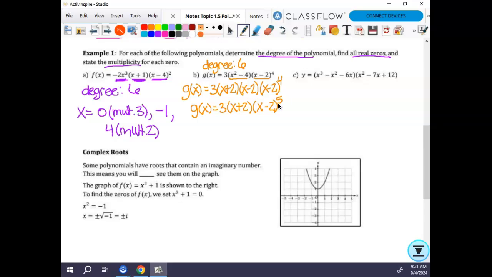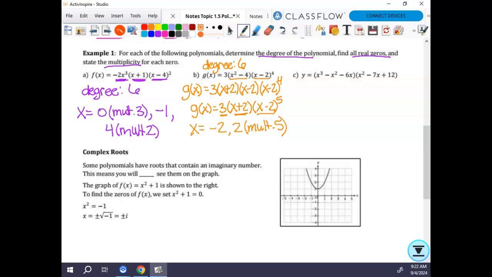All right, so then that means my zeros are at x equals, does he give me a 0? No, because there's no variable. This gives me a negative 2 with no multiplicity. This gives me a positive 2 with a multiplicity of 5. Okay. What questions you got? We good? I'll take that as a yes.